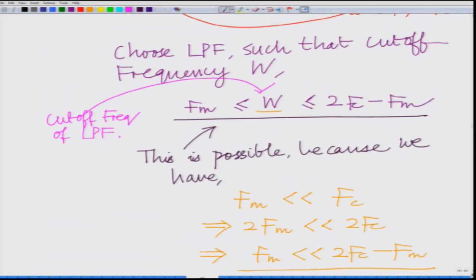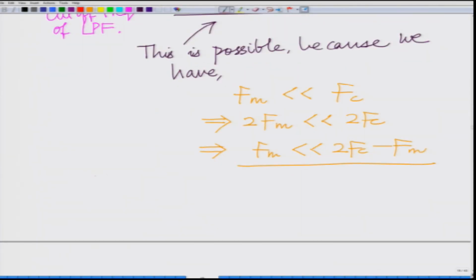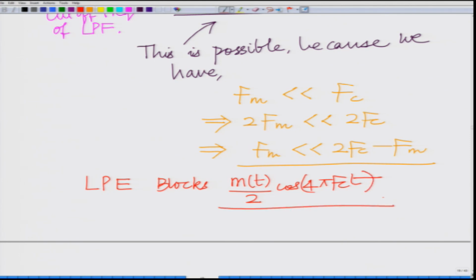So, the LPF blocks the component cosine 2 pi fct mt by 2 cosine 4 pi fct. The cosine 4 pi fct corresponds to the frequency 2fc, alright.